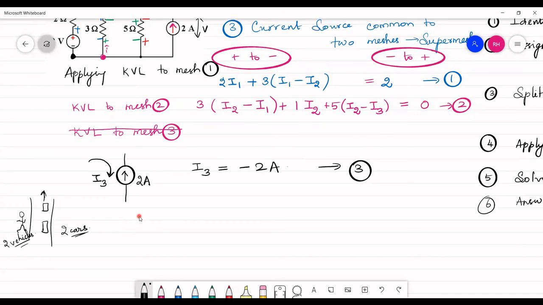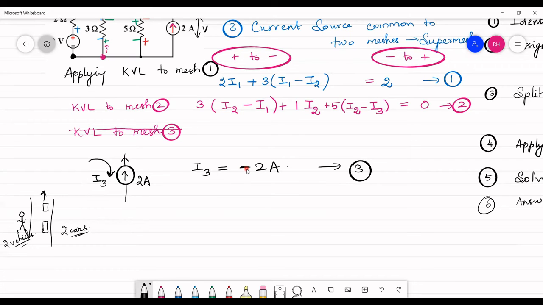The first person is being very generic, and the second person tells it more specifically. So it is understood that I3 is a generic current. We have assumed a generic current as I3, and in specific it is seen that 2 ampere is coming out of this current source, and I3 is in the opposite direction. So I write a minus sign.